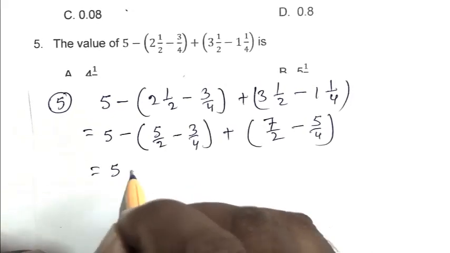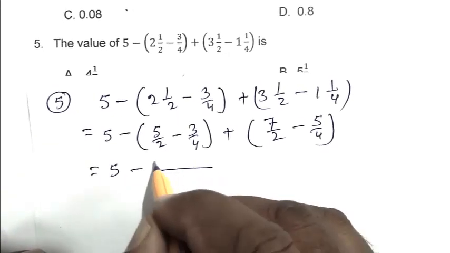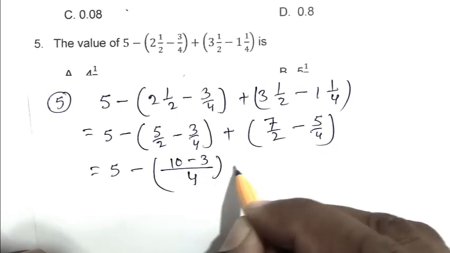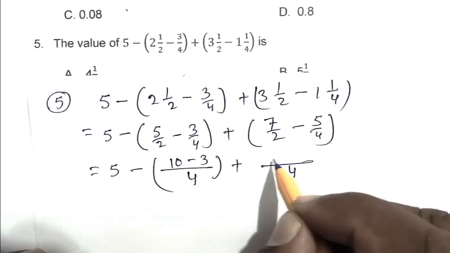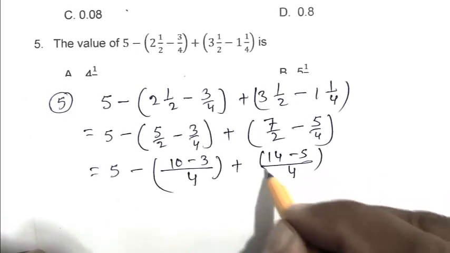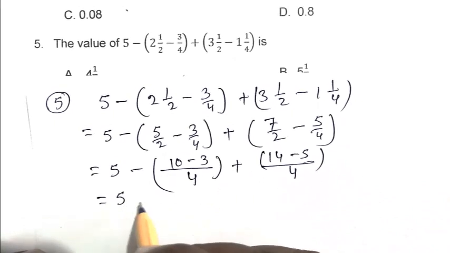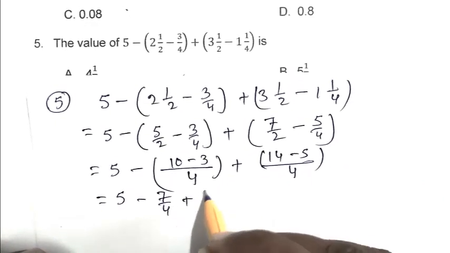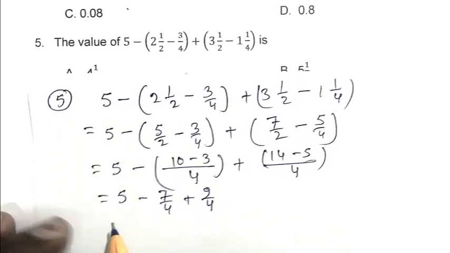that becomes 5 minus 7 by 4 plus 9 by 4.